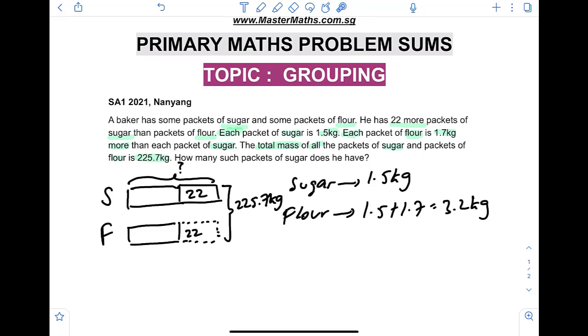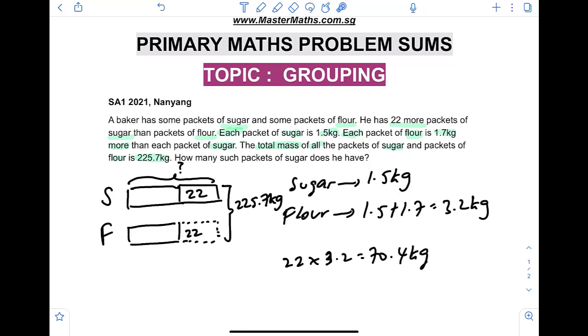Of course, when we add another 22 flour packets, the total mass must increase. So 22 multiplied by 3.2. What is the increase in the total mass? 70.4 kg.